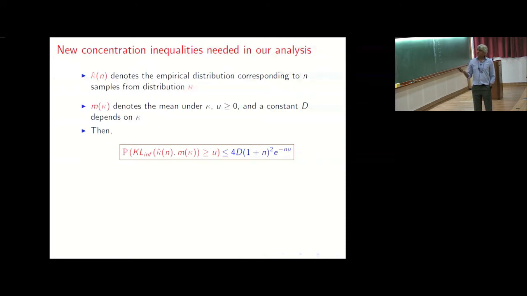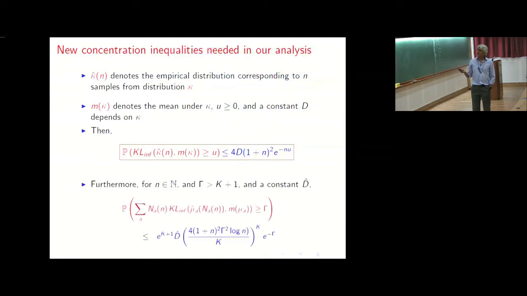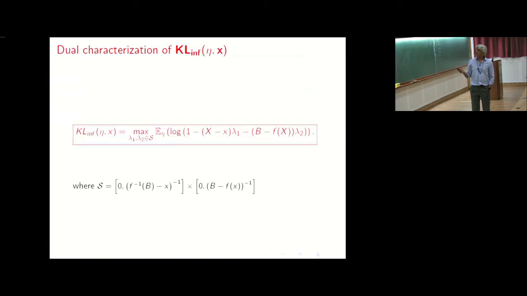Now we need to develop an explicit concentration inequality which is true for all distributions lying in L. So this inequality, this exponential decay, I have a polynomial term here, and that's true for all distributions lying in L. So it's a uniform kind of probabilistic bound. That requires a bit of work. But duality helps. Duality reduces the problem to looking at these two parameters.